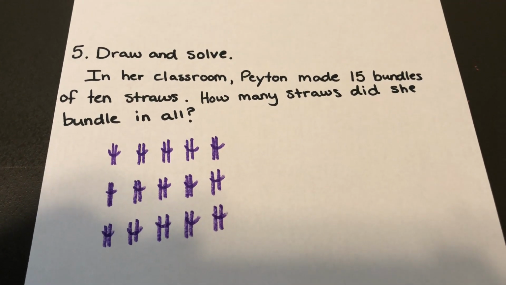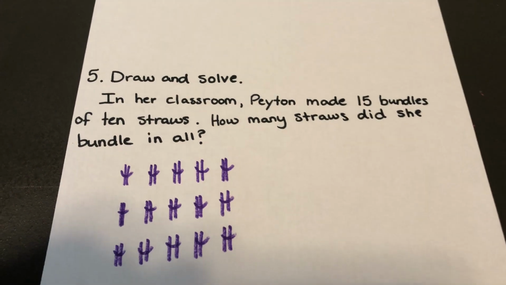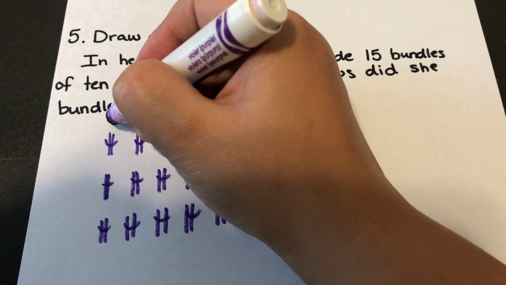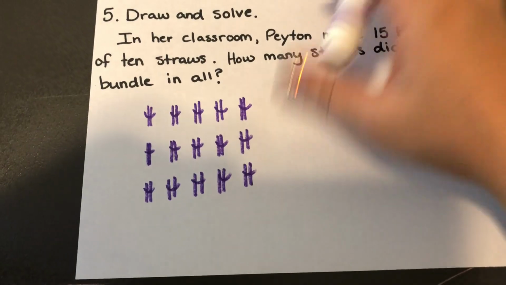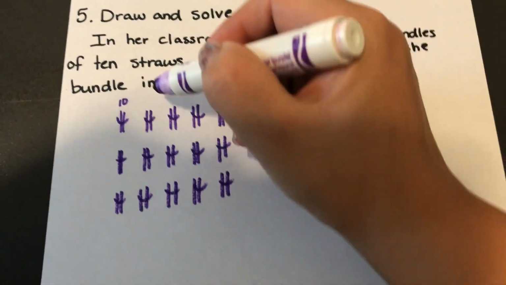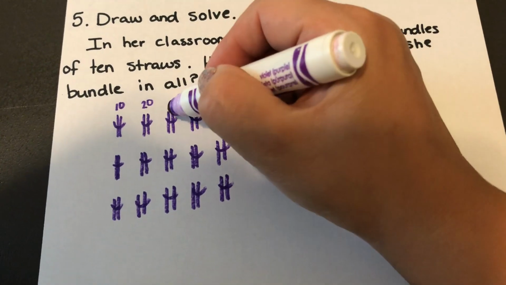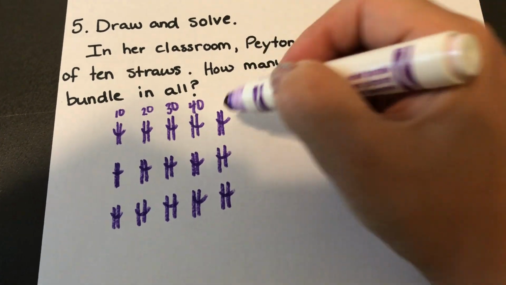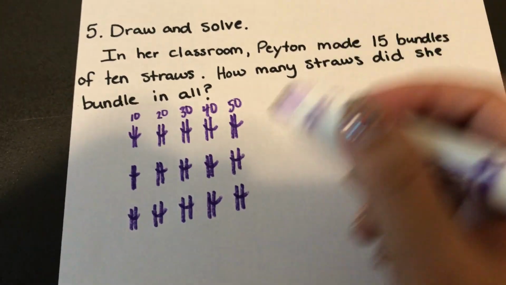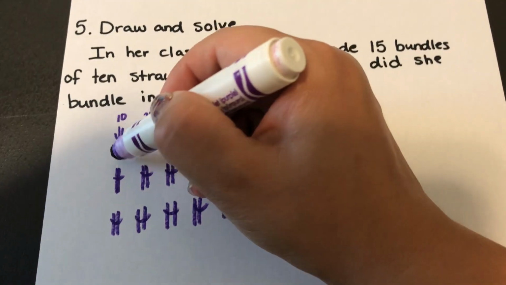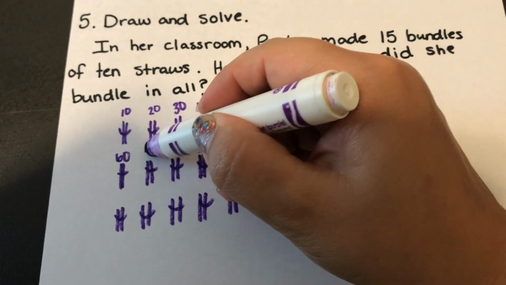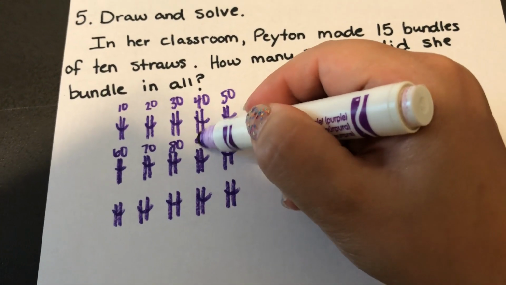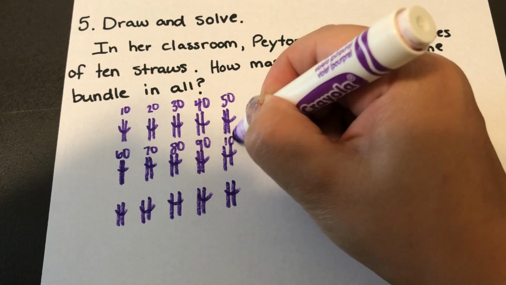Now it says how many straws did she bundle in all? So I've got to start counting these up. All right, so I'm going to put my numbers on top. 10, 10 more would make 20, 10 more makes 30, 10 more makes 40, 10 more makes 50, adding 10 more, 60, 10 more is 70, 10 more is 80, 90, 100.